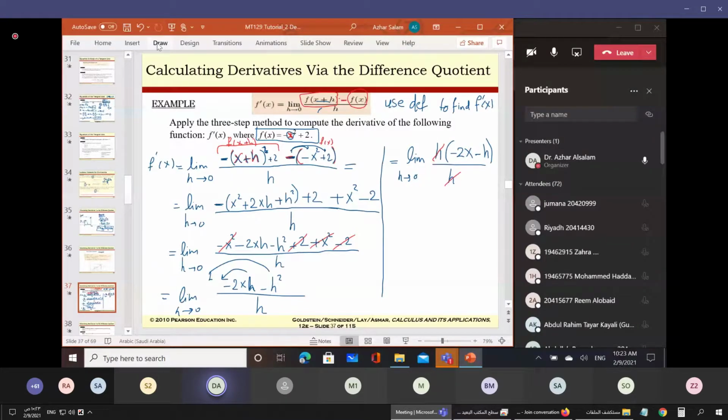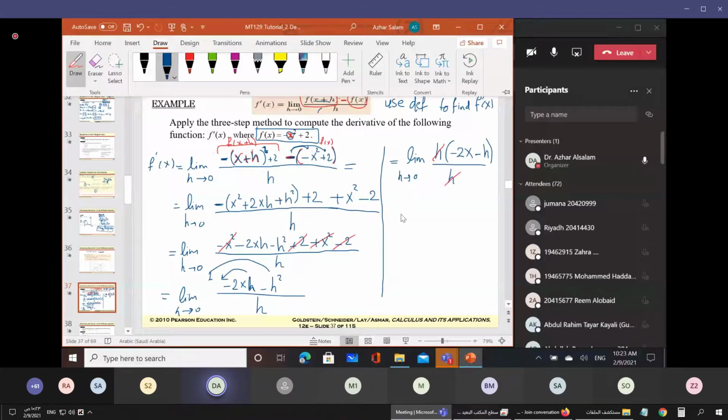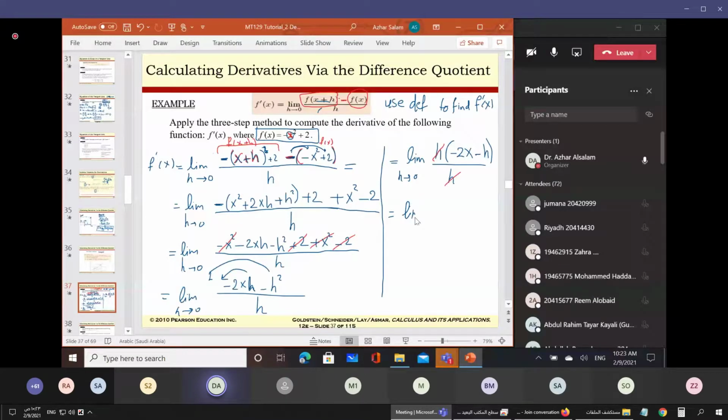So this will be equal to, now I can take the limit after simplification. It will be the limit of minus 2x minus h when h approaches 0. Now I will take the limit. Since I omit the h from the denominator, I can take the limit by substituting h with 0.